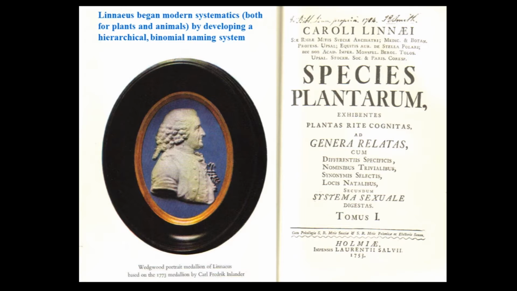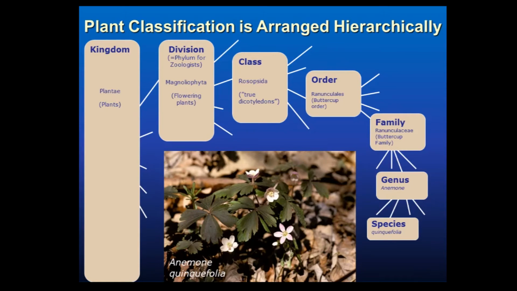It means that plant names are in ever decreasing units, each unit subsuming the smaller ones. So there's a plant kingdom, a division, flowering plants, class, Rosopsida, the true dicotyledons, the buttercup order, the buttercup family, the genus, and the species.